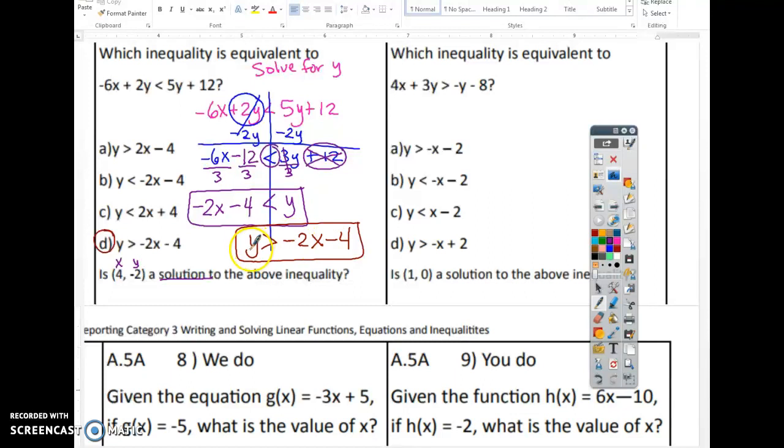So remember, in here you're going to put negative 2 instead, and you can put it in parentheses. So you're going to plug it in here and plug it in here. So this is negative 2, and this is going to be your 4. And see if this is true, yes or no, and that's going to be your answer right there.